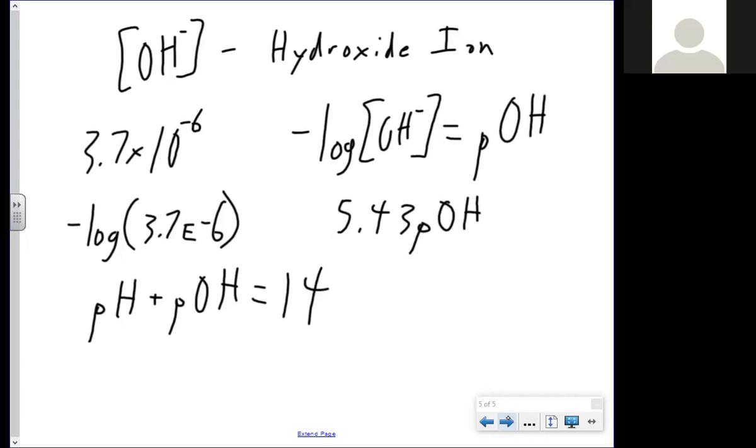So if my pOH is 5.43, what's my pH going to be? 8.57. Feel free to use a calculator on that as well, guys. Okay, so I'll throw that up here.